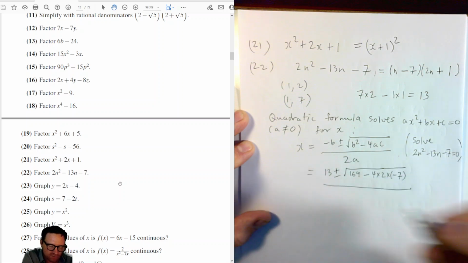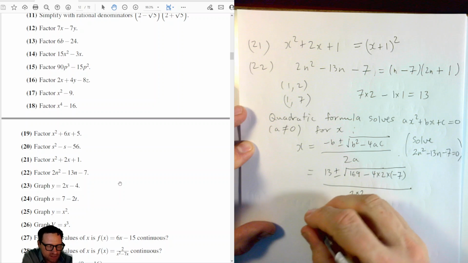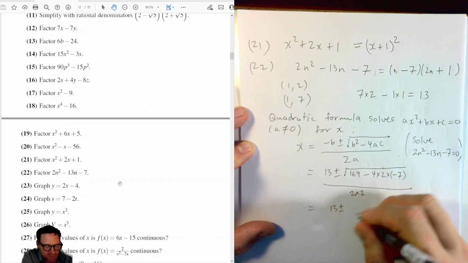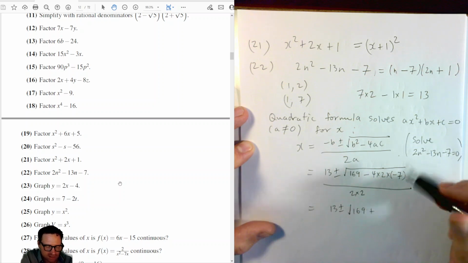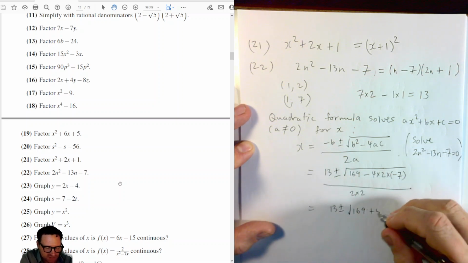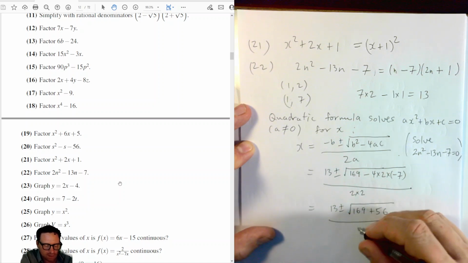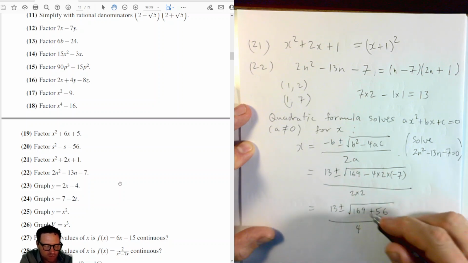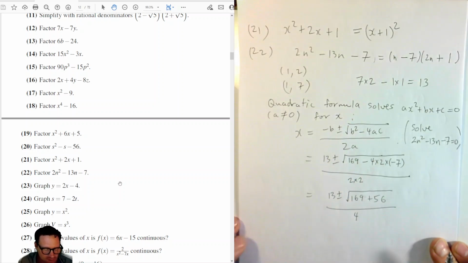And that's all over 2 times 2. Okay, so let's simplify this. We have 13 plus or minus the square root of 169 plus 7 times 8 is 56, all over 4. So we need to simplify what is inside that square root.